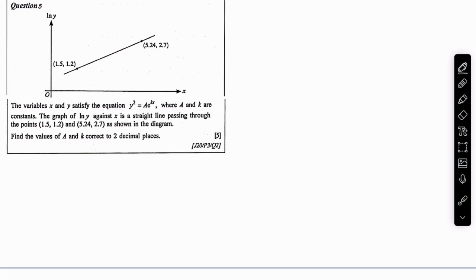So, here's what I can do. We can say, y squared is equal to a e to the kx.